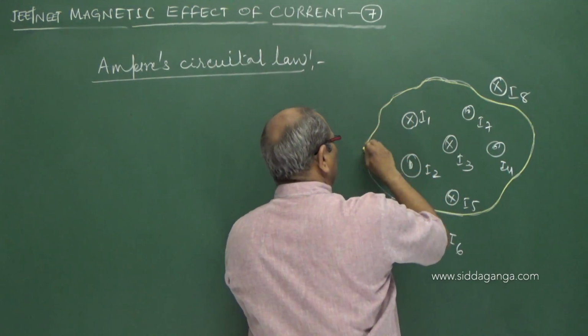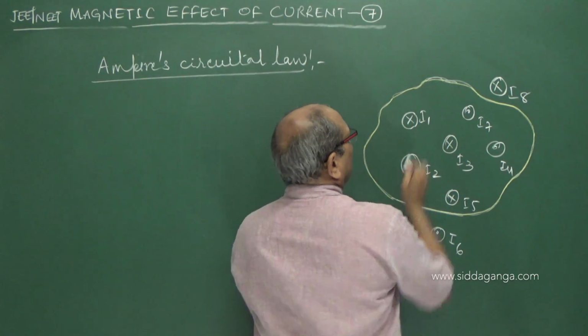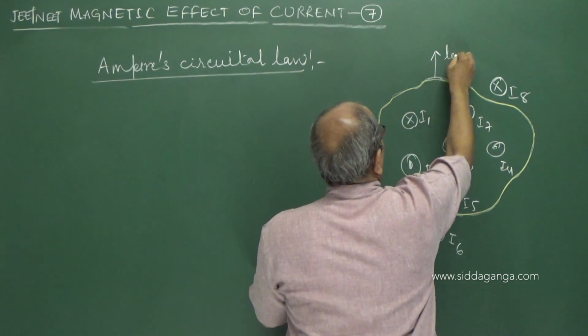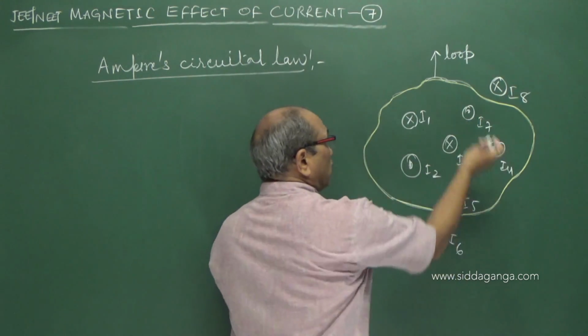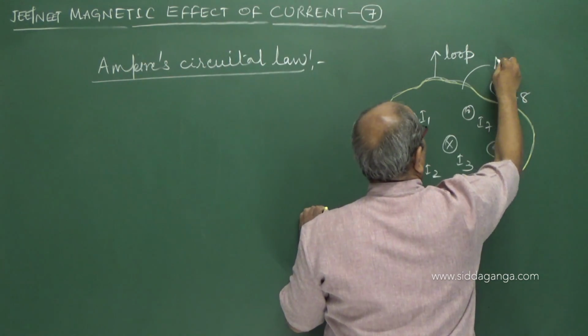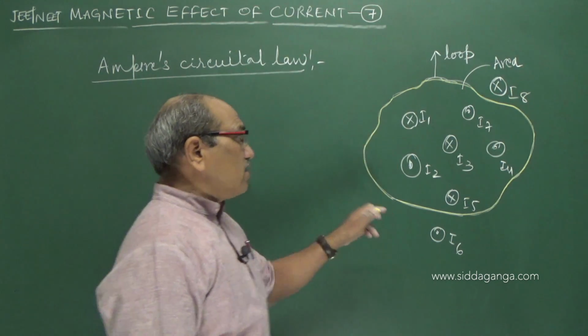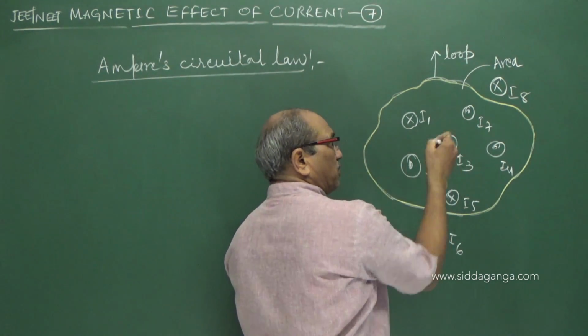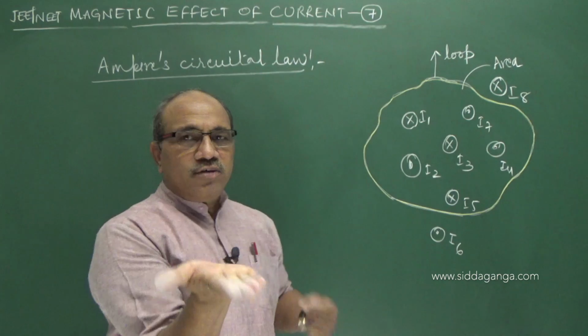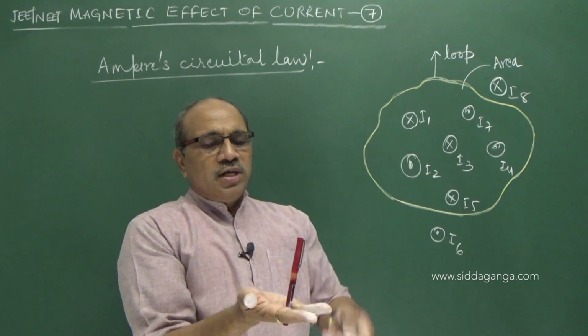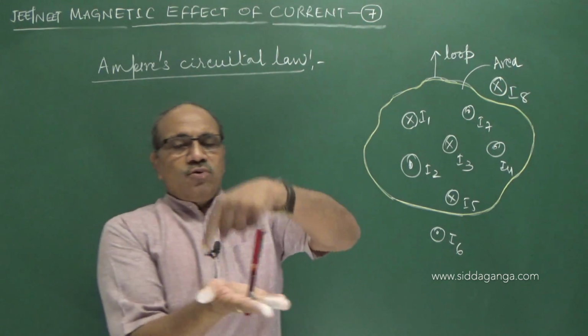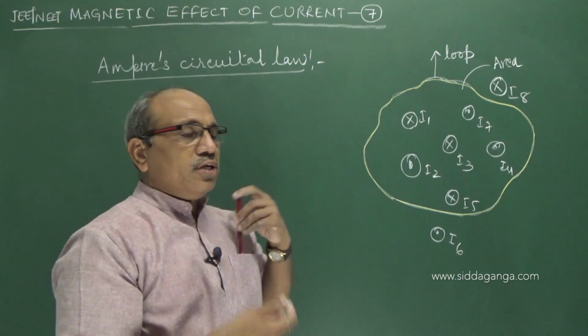This is a closed loop. It is a loop. It encloses a certain area. Within that area, we have some current carrying wires which are perpendicular to that area. If this is the area, this is one loop, another loop, third, fourth, perpendicular to the area.